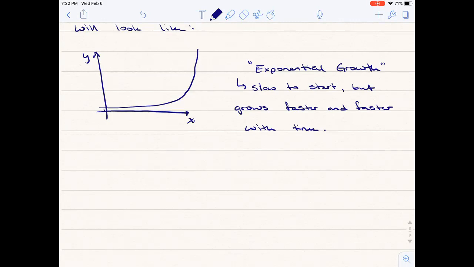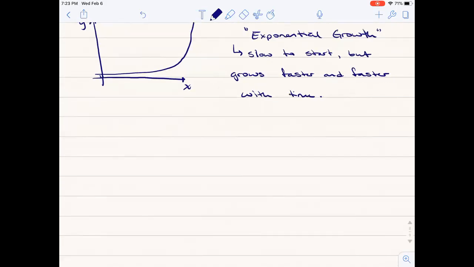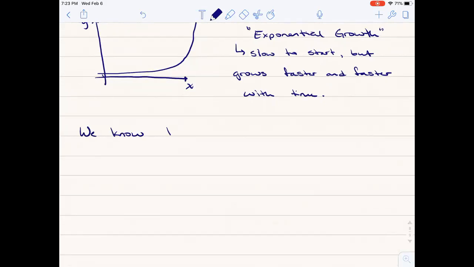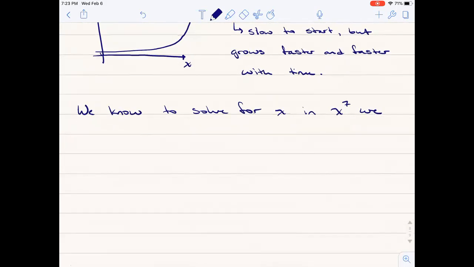Another problem we could have is if we have x in the exponent, how are we going to solve for it? And that's where logarithms come in. We know that to solve for x in x to the power of 7, for example, we take the 7th root.